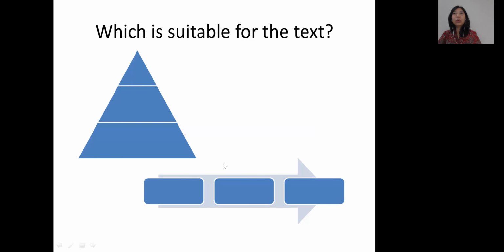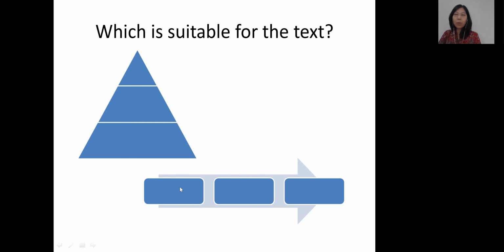Let's go back to the diagram. Okay, children, because it was talking about the history, not the content of the food pyramid, the pyramid is not suitable. Don't use the food pyramid, because we don't know the content of each level. But what we do know is the history.